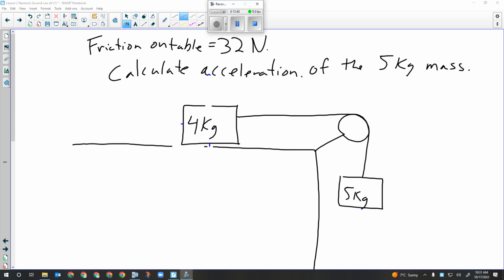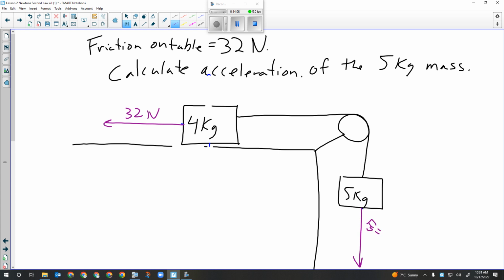All right, so first thing we want to do is put our forces on here. So we've got 32 newtons worth of friction acting back on the 4-kilogram mass. What other forces are acting on the 4-kilogram mass? The 5-kilogram block, right, pulling it this way, which is actually a force pulling on the 5-kilogram block.